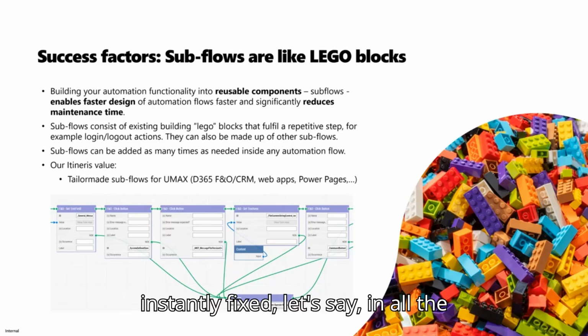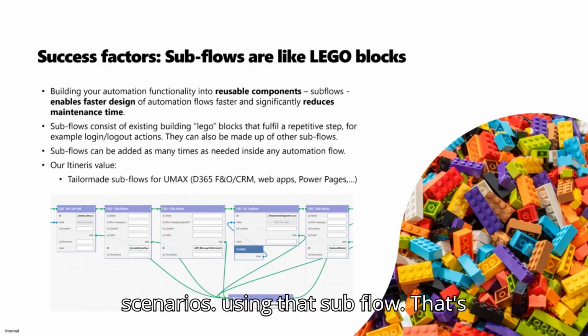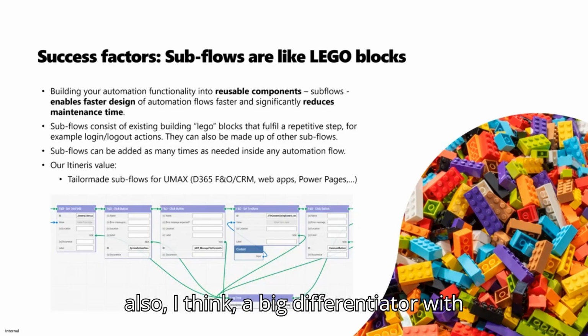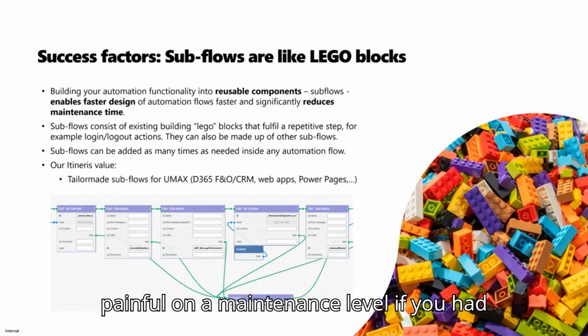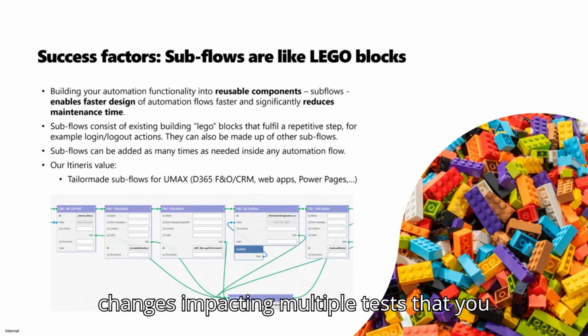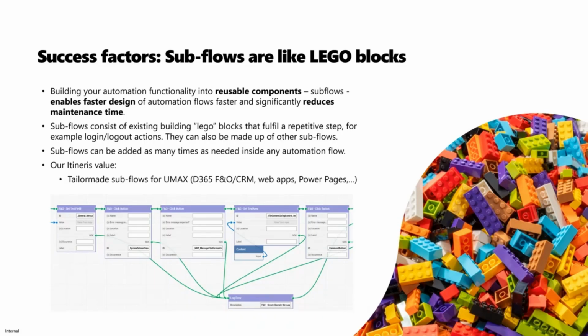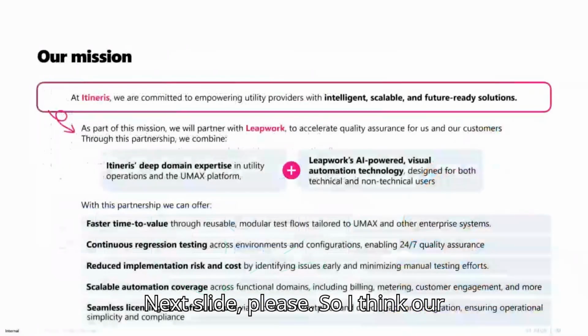It will be instantly fixed in all the scenarios using that subflow. That's also a big differentiator with RSAT, which could be very painful on a maintenance level if you had changes impacting multiple tests that you had running.